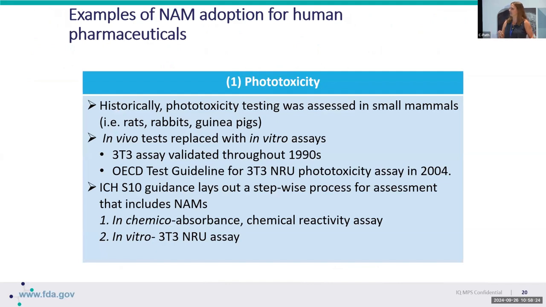These are some of our gold standard success stories. The ICH S10 phototoxicity guidance clearly talks about in chemico assays and in vitro 3T3 NRU assays, instead of those animal studies done decades ago.